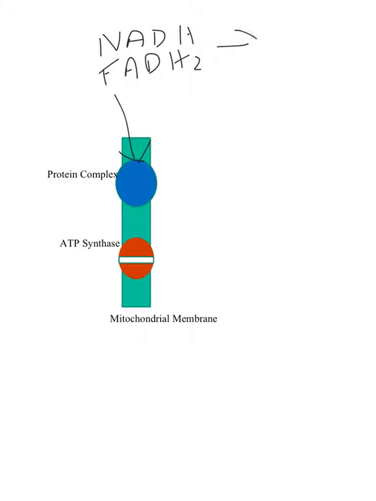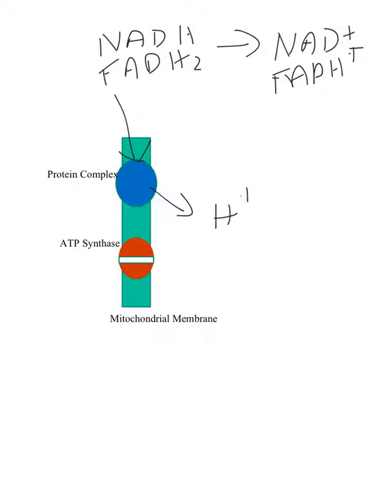This gets converted back into NAD and FAD, and it can be used and reused again and again in glycolysis, citric acid cycle, whatever. What we're left with is a bunch of hydrogens on this side of the membrane.